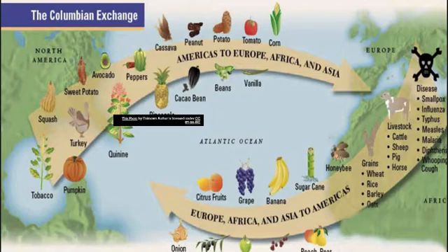Beans, peppers, pumpkins, squash, tomatoes. All of these things were added to the diets of people in Europe. It made the population healthier. Can you imagine going your whole life and never eating a tater? Me neither.